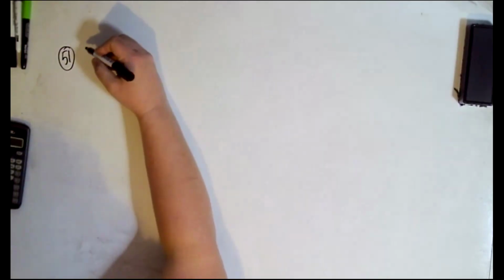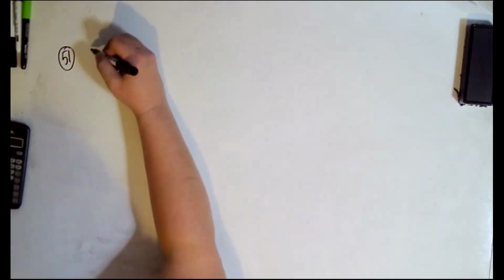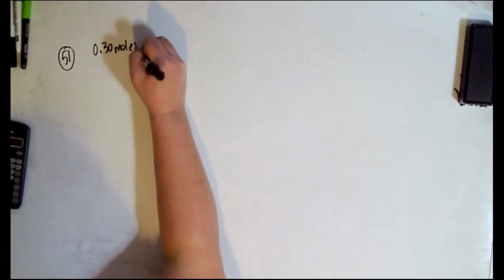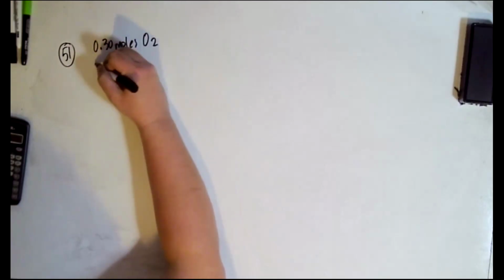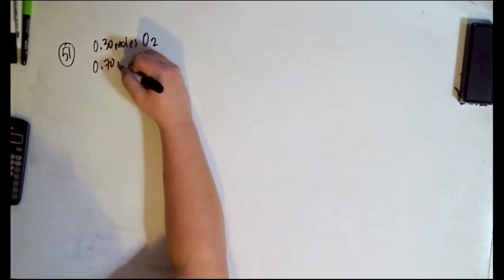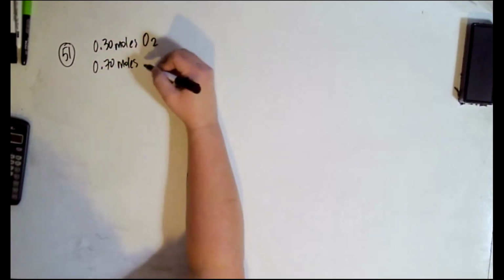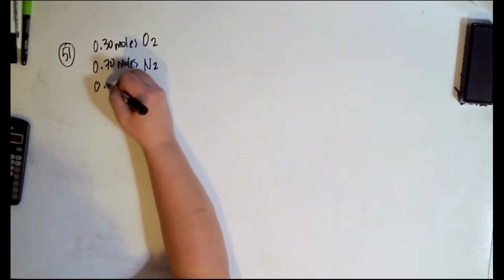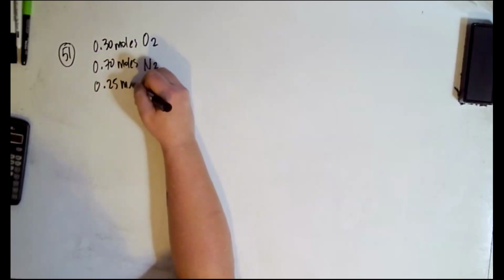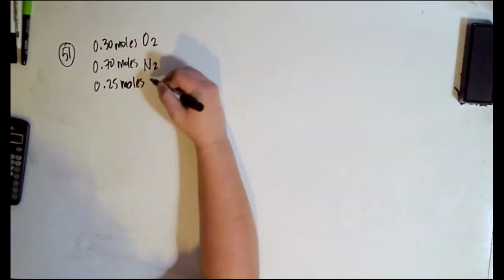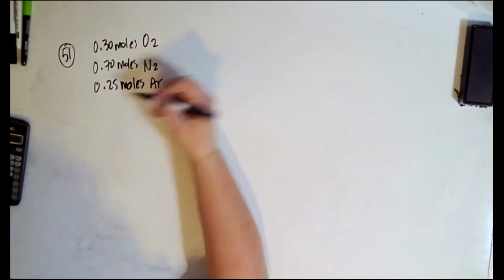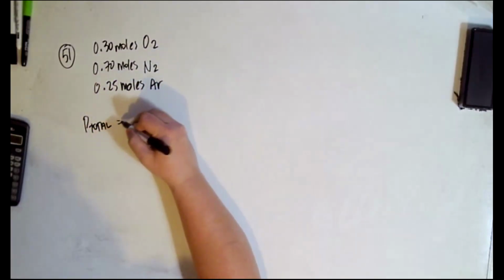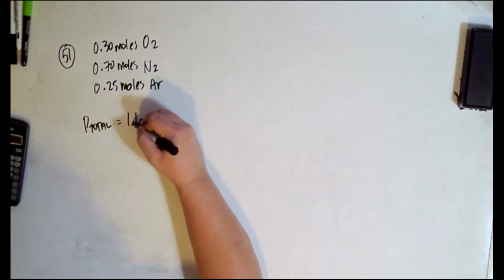They're telling us that we have 0.3 moles of oxygen, 0.7 moles of nitrogen, 0.25 moles of argon, and we have a total pressure of 1.1 atmosphere.